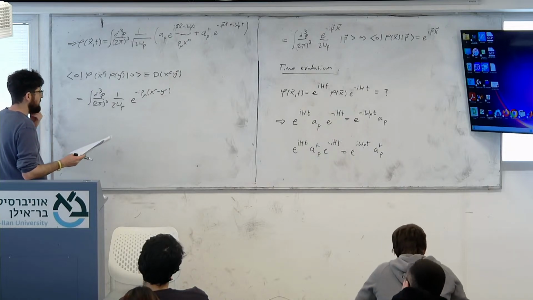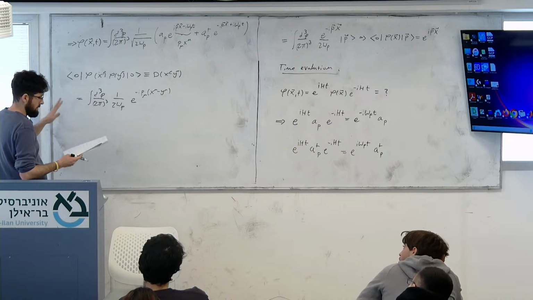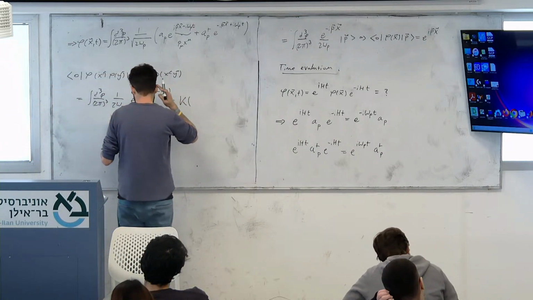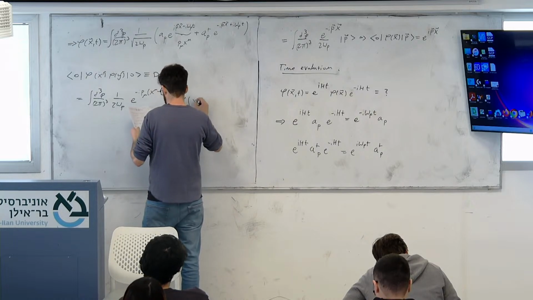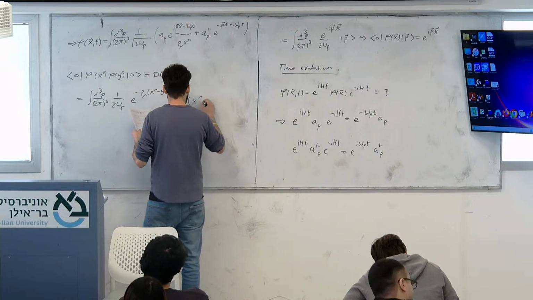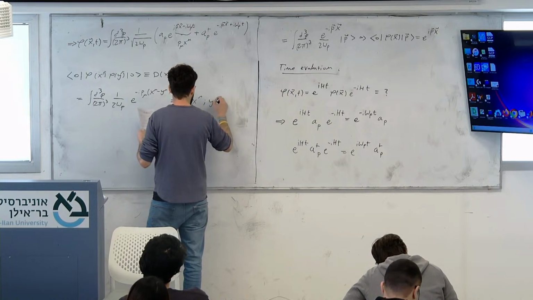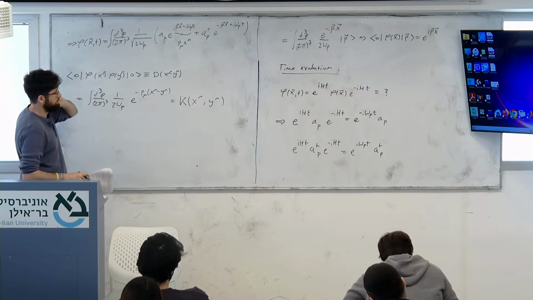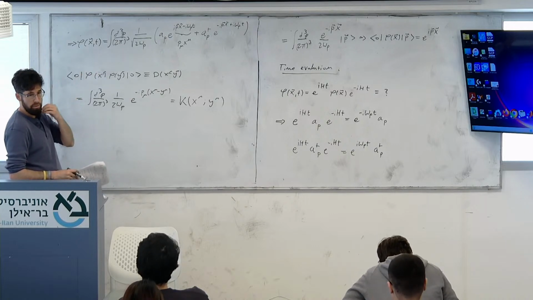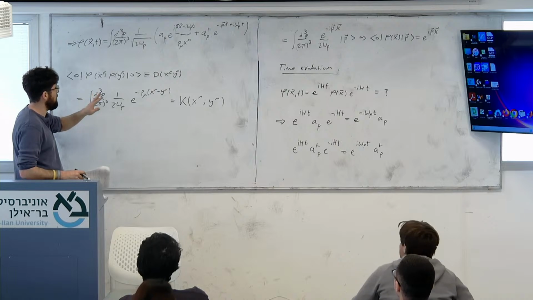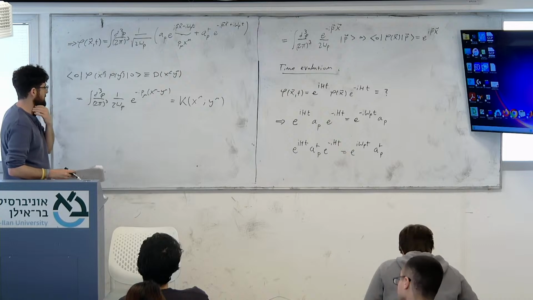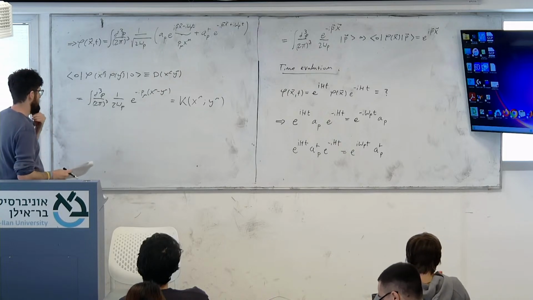The point is that this thing is exactly the propagator that we had. This is basically K of x mu and y mu, but instead of for the Schrodinger equation that we had in the beginning of the class, this is for the Klein-Gordon equation. But it's exactly the same thing.